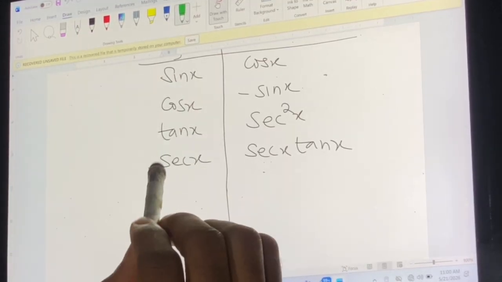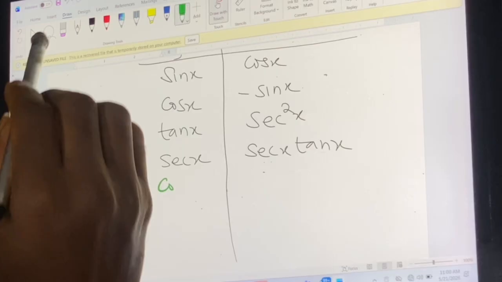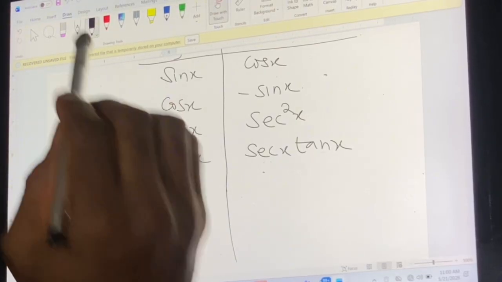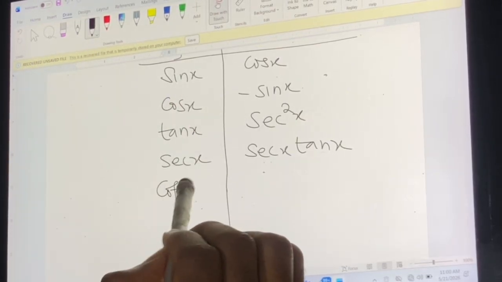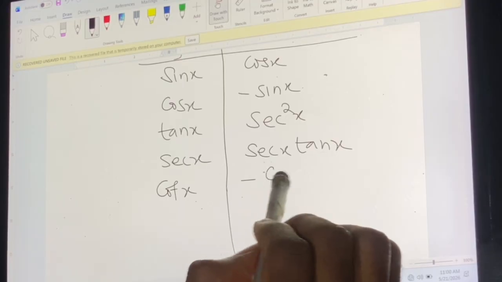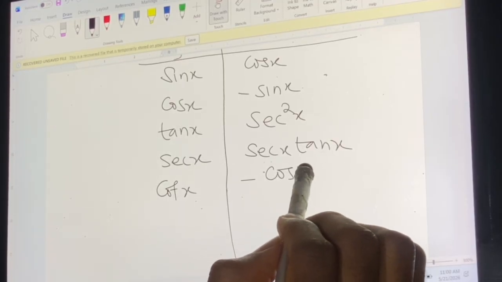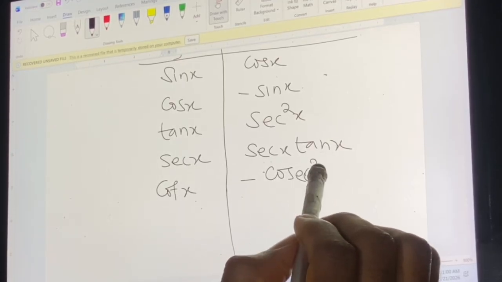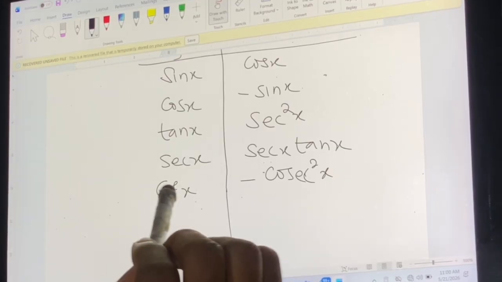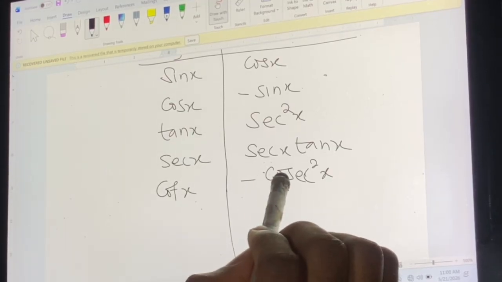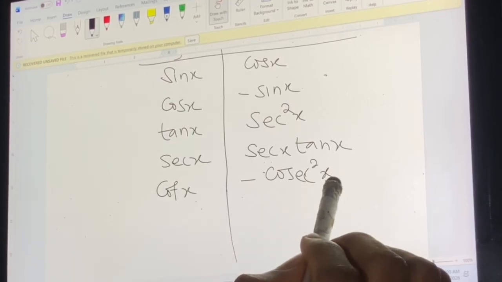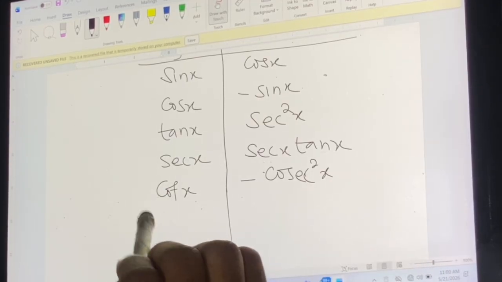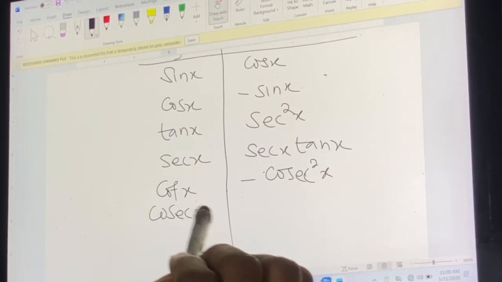We have the next one here, cot x. Cot x gives minus cosec squared x. Please take note. And we have the last one here, that is cosec x.